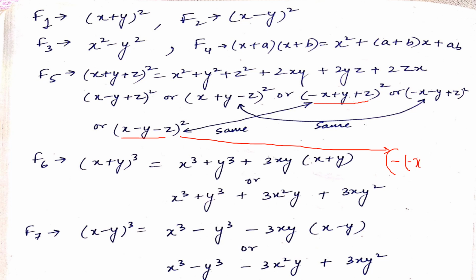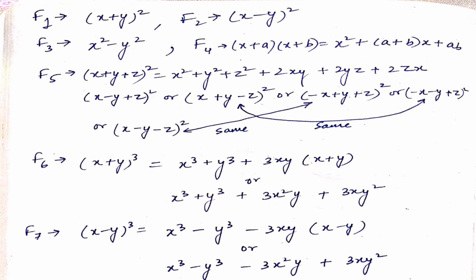Then minus y was there, it becomes plus y, and minus z becomes plus z, bracket close, square. We all know negative square is positive, so we'll get the same value back, that is (-x + y + z) whole square. So either you take this form or you take this form, you are correct in both the answers. Okay, so never be confused with this thing.